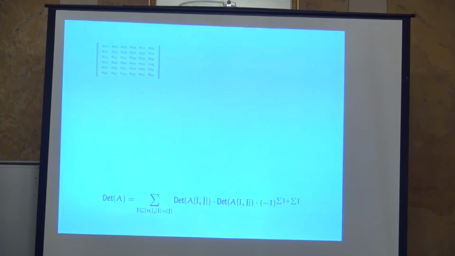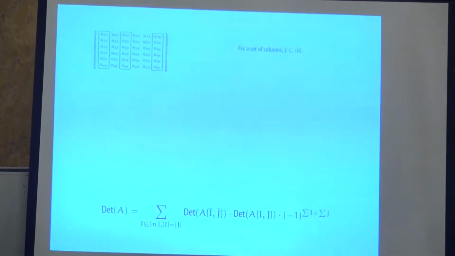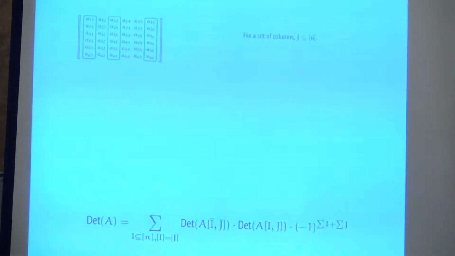So now I have this A, and now I fix some set of columns J. And now I want to find a determinant with respect to not one column, but with respect to a fixed set of columns. How do you do this? You go over all rows of your matrix.